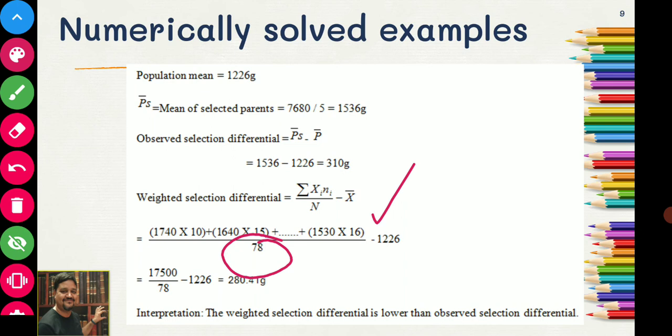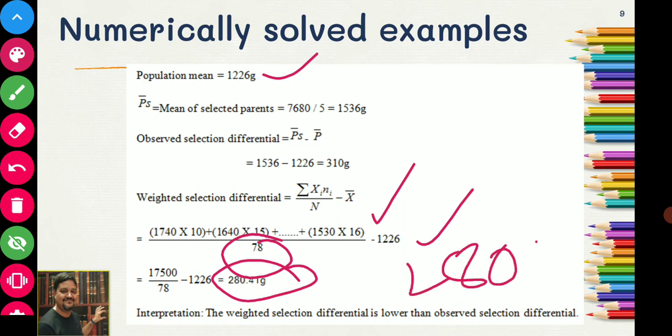The population mean was 1226 gram. So in this way, if you calculate, you will get the selection differential as 280.41, whereas the observed selection differential was 310 gram.